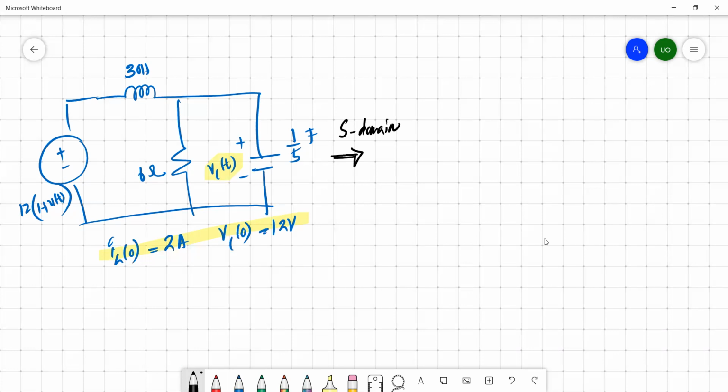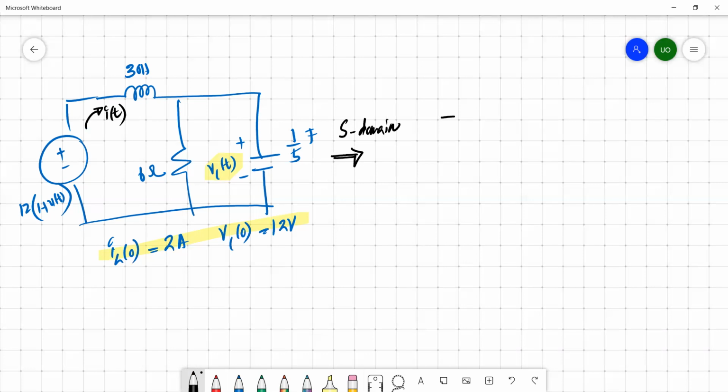So we have the inductor. The current flows something like that. So you can replace this 30 Henry inductor using the model which we discussed previously. So we have an impedance of Ls.